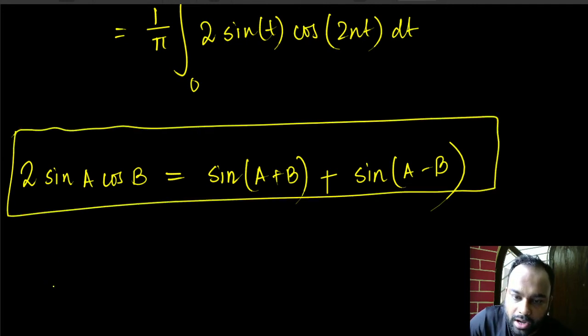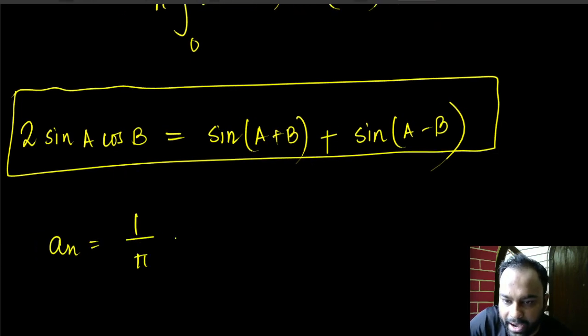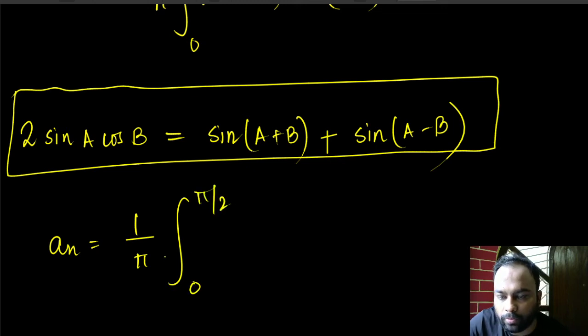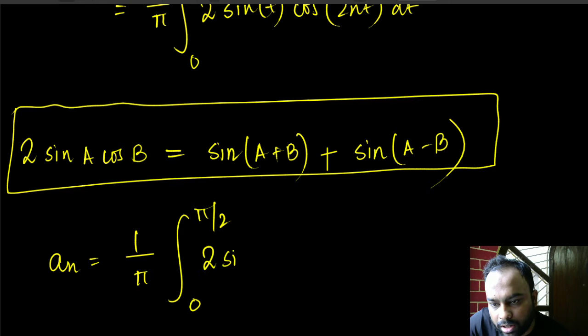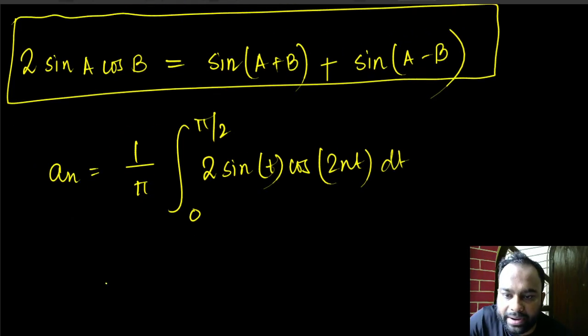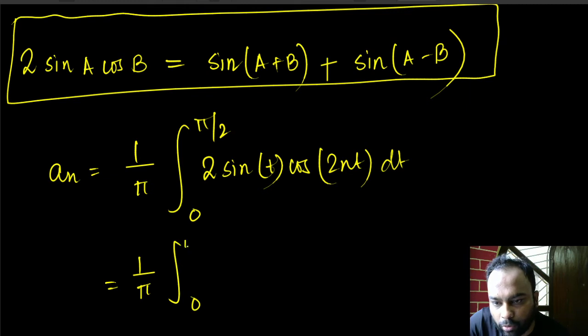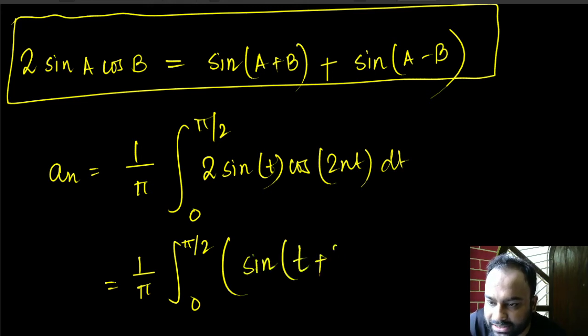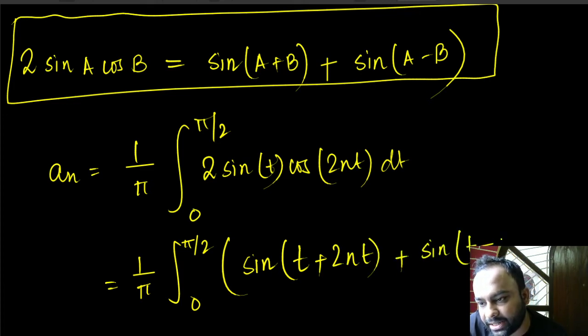Okay, and so our an, which is now 1 by pi integration from 0 to pi by 2 on this 2 sine t cos 2nt dt, can be written as 1 by pi integration from 0 to pi by 2. And now I can basically split everything like that. So I would have sine a plus b, so t plus 2nt, and then sine a minus b, so sine t minus 2nt, and everything with dt, right?